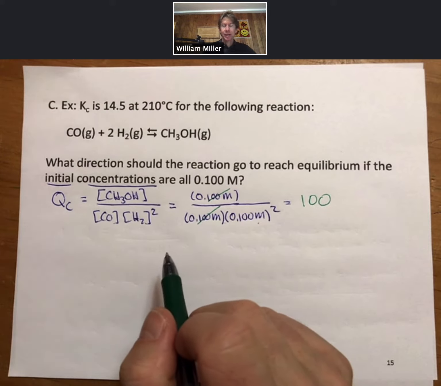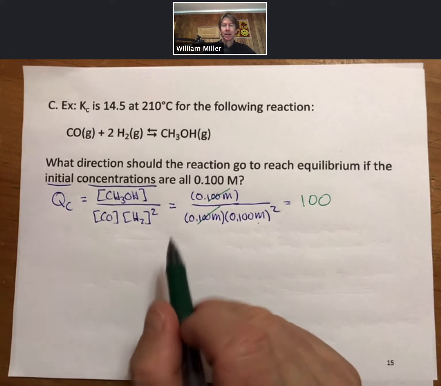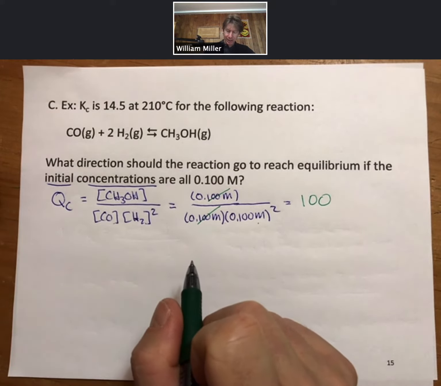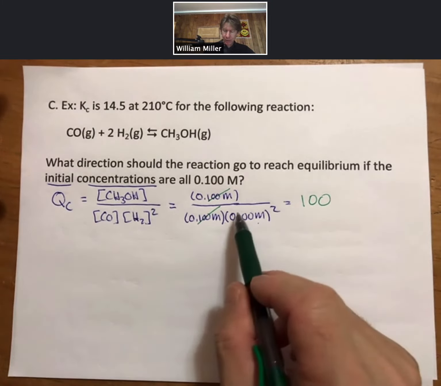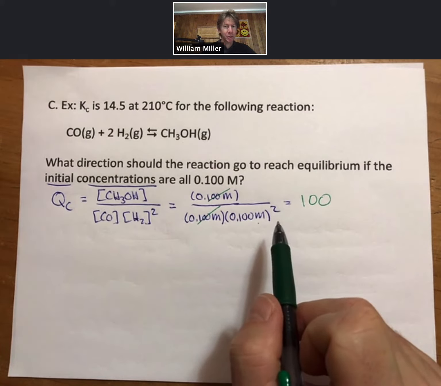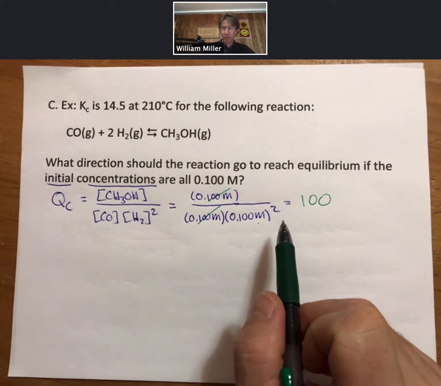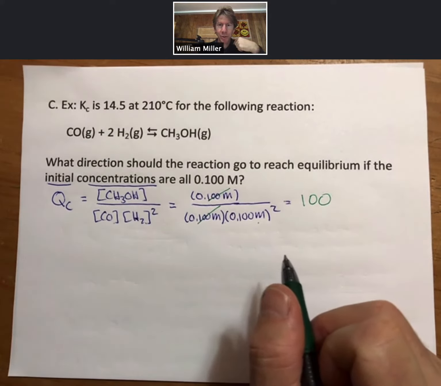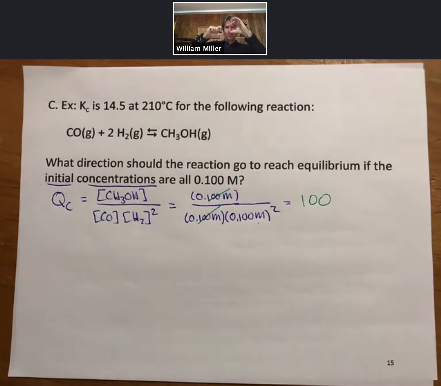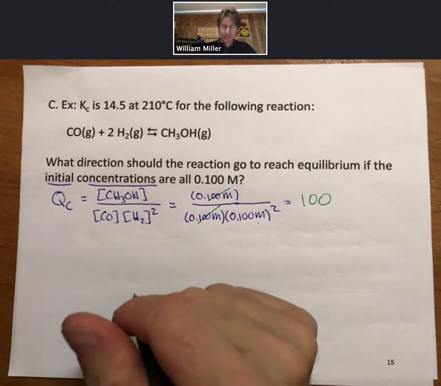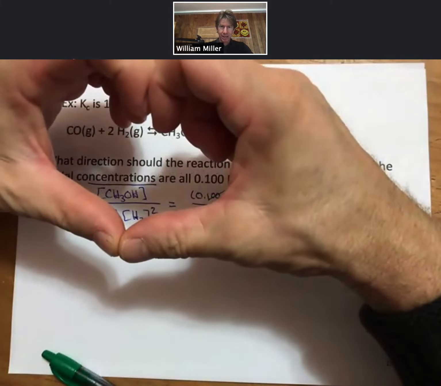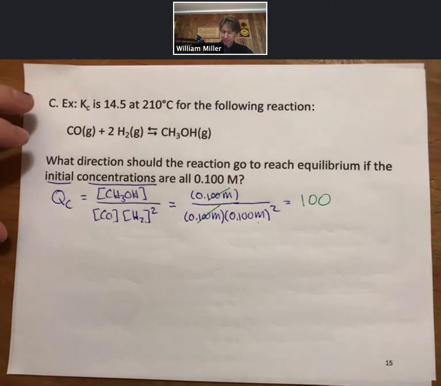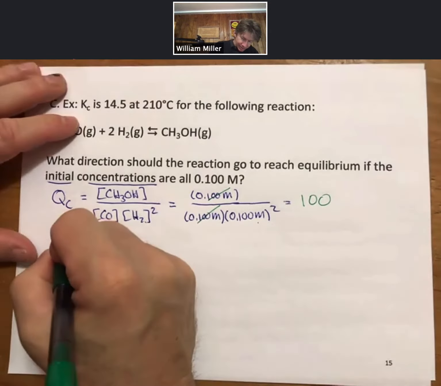I can talk about that more in office hours if you would like. But for now, we don't carry units for QCs, we don't carry units for KCs, and we won't. And believe me, if there were units to put, I would put them, because I heart units. Anyway, so here we are.